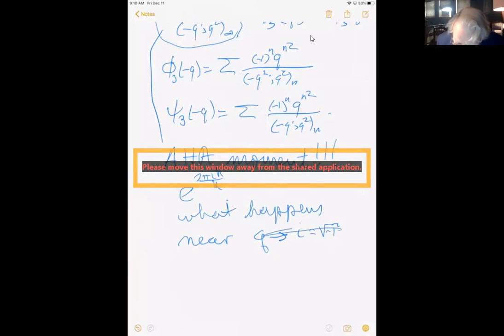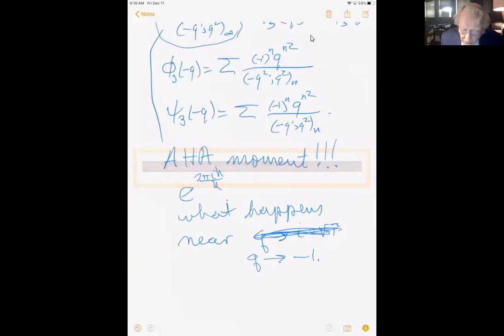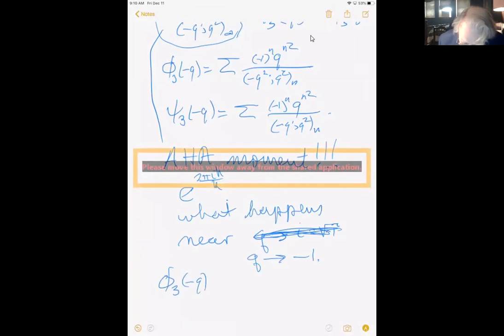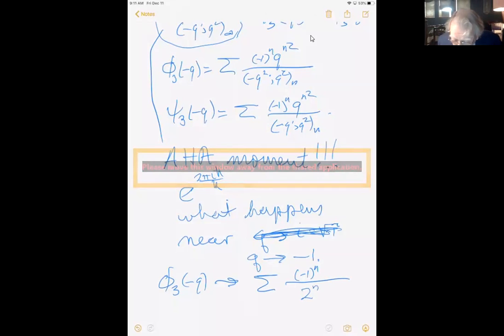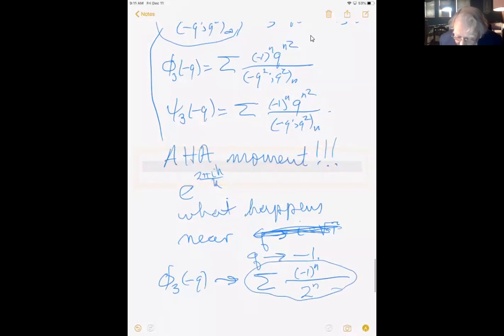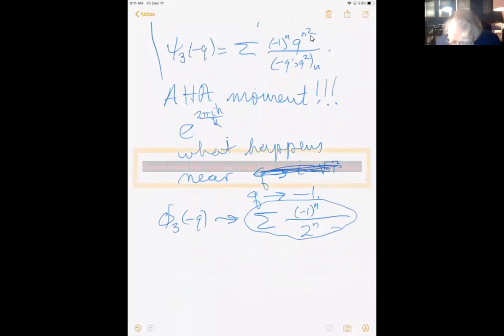When q goes to -1, phi 3 of minus q tends toward, it's necessary to do a careful mathematical analysis of this, but each of those forms is 1 plus q to an even power. And if it's 1 plus q to an even power, it goes to 2. And so phi 3 of minus q does not blow up at all, but goes to a finite value, namely the sum of this infinite series, which is 2/3, I guess.